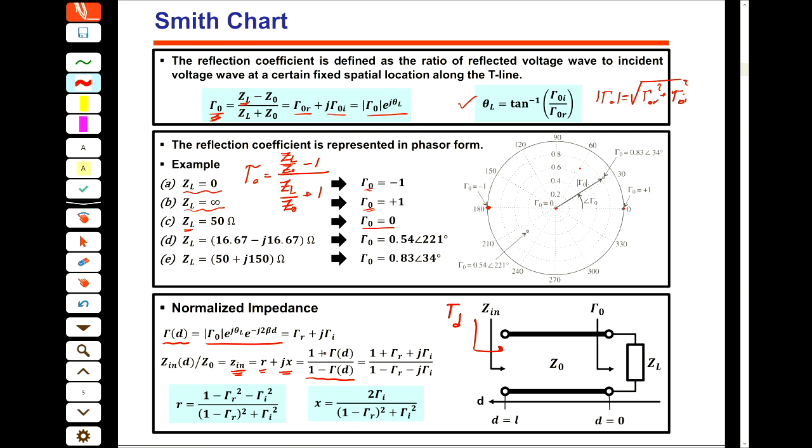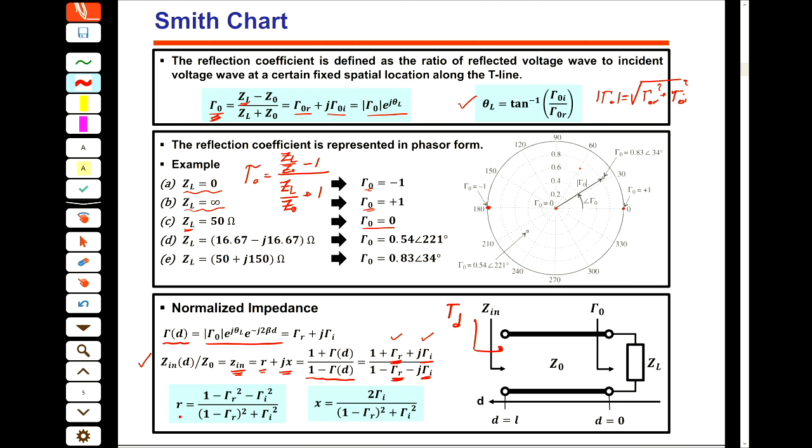All right. If you are happy, then I just replace this gamma D with its real and imaginary parts, which I told you here, that each gamma has a real and imaginary part. Now, if I want to find this z in, if I know this gamma R and this gamma I, then I need to find this R and X based on gamma R and gamma I. So I rearrange this formula, and then equate the real part and imaginary part.